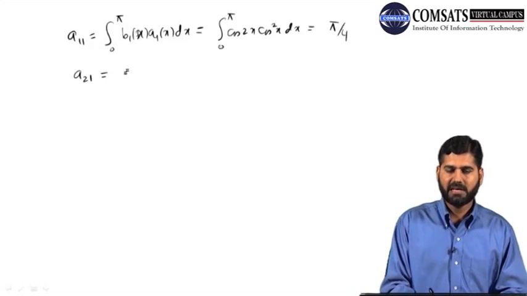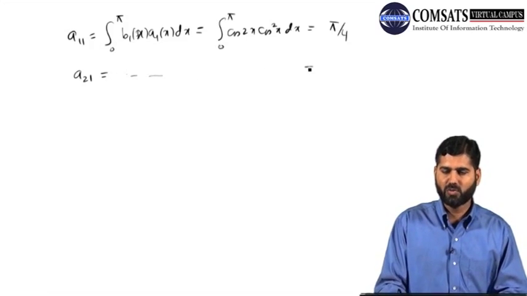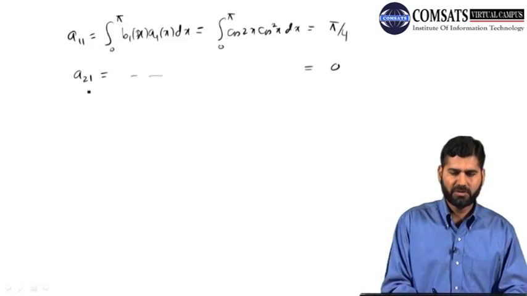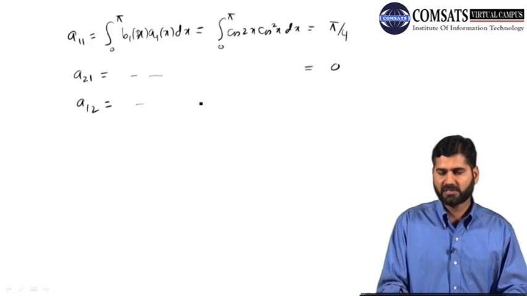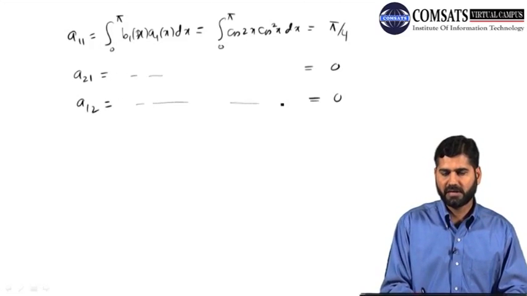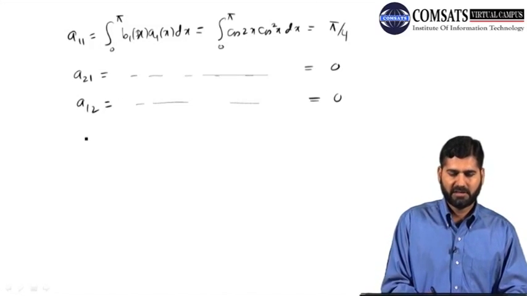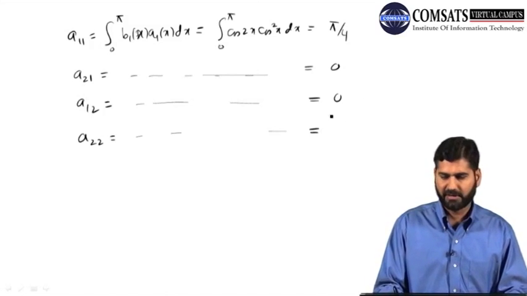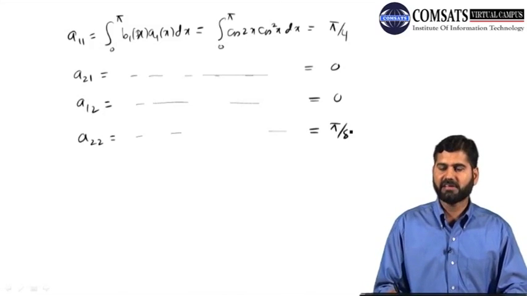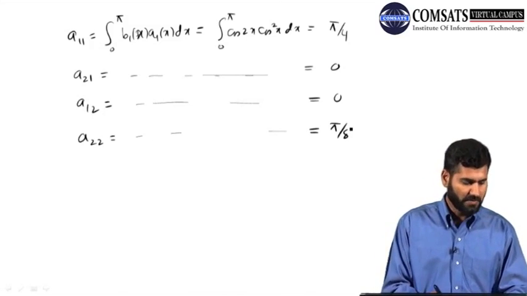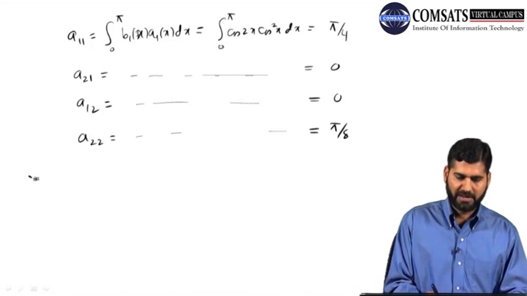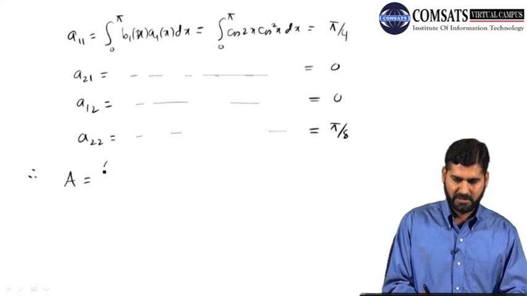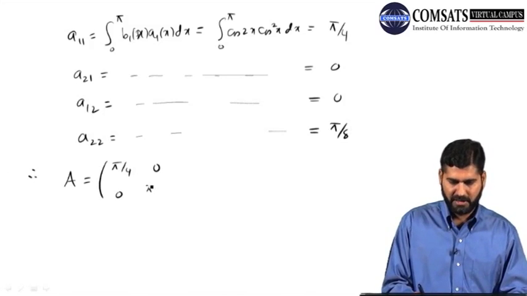All right. Similarly, if you solve for a21, you should get 0. a12 is also 0. Right. I'm skipping the details. You can clearly add them up, and this should be pi by 8. So these are the 4 values you got, and so therefore your matrix A becomes pi by 4, 0, 0, and pi by 8.